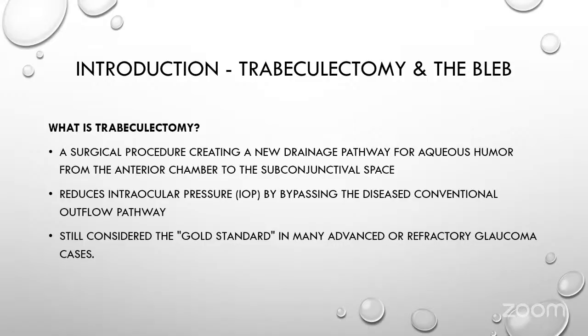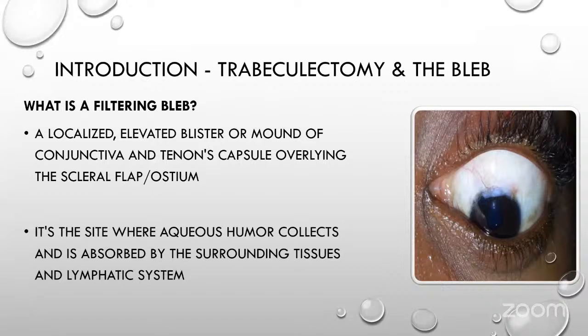The aim of trabeculectomy generally is to reduce intraocular pressure by bypassing the diseased conventional outflow pathway. This was discussed yesterday, from the preoperative assessment and care that should be taken to intra-op decision making, in the presentations that we've had.